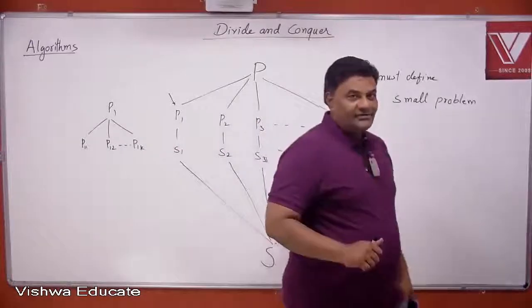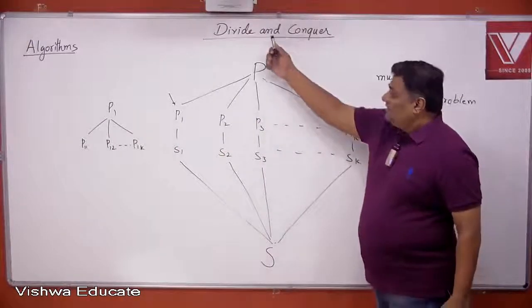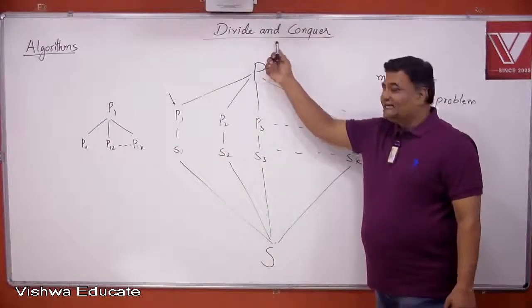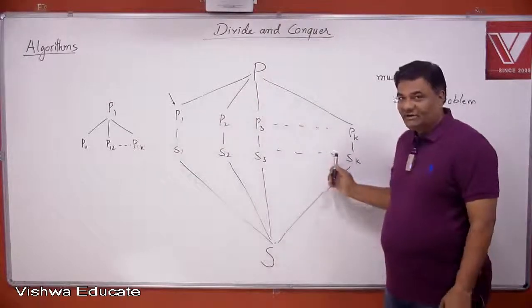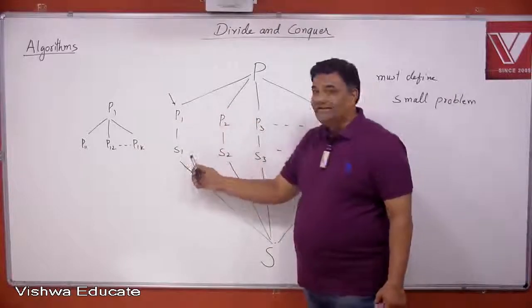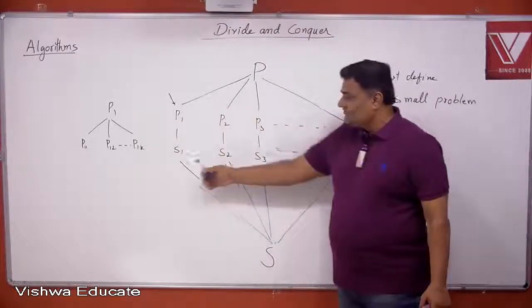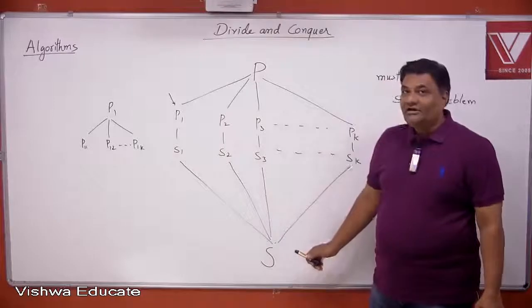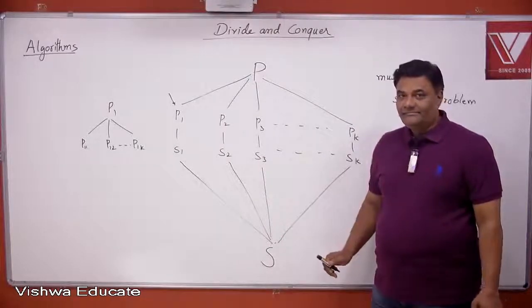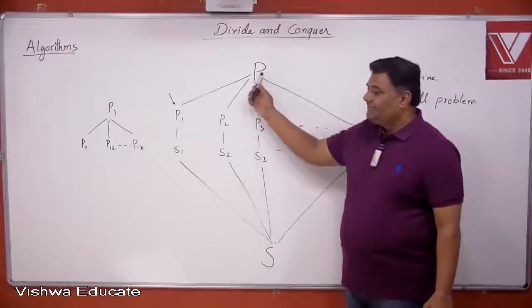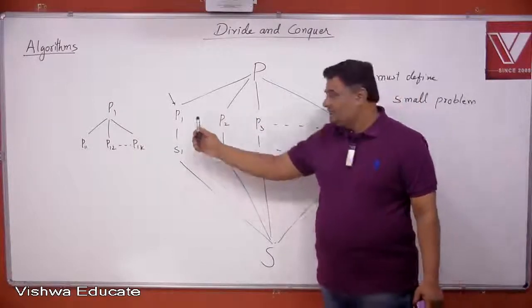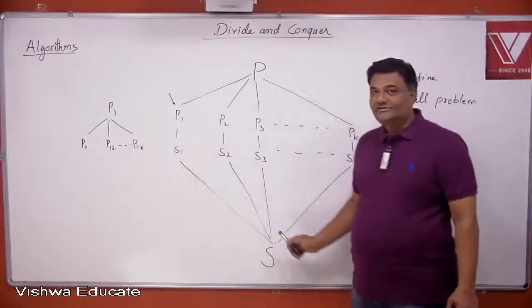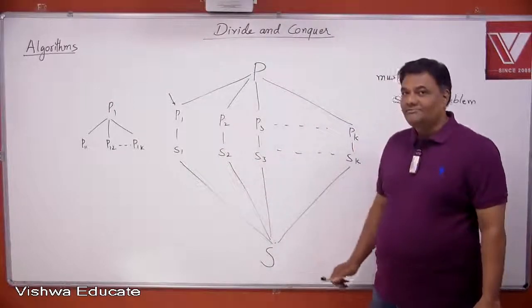So I repeat, you have to take down this one. Divide and conquer strategy says that if the problem is large, then split the problem into K sub-problems. Solve the sub-problems, get their solutions. Combine the solutions of the sub-problems to get the solution for the main problem.